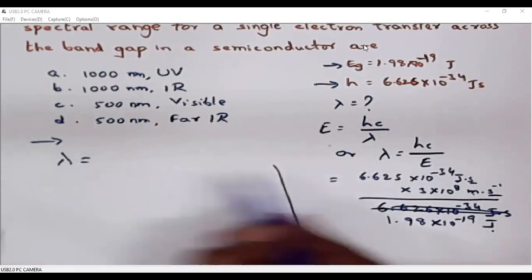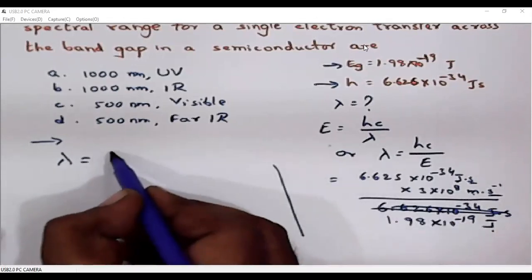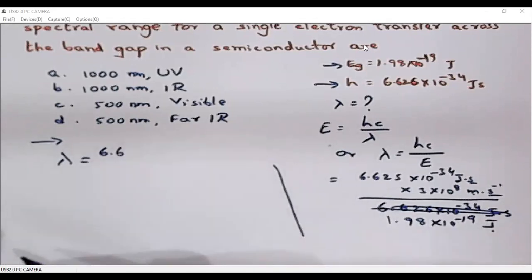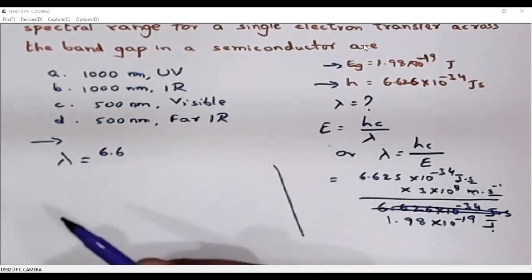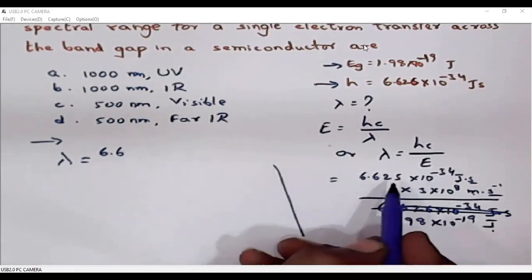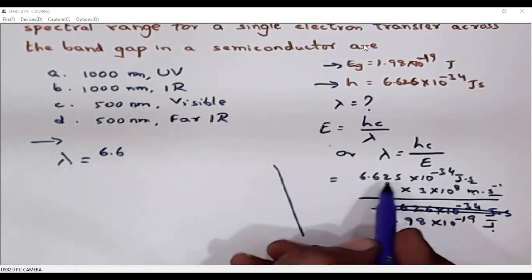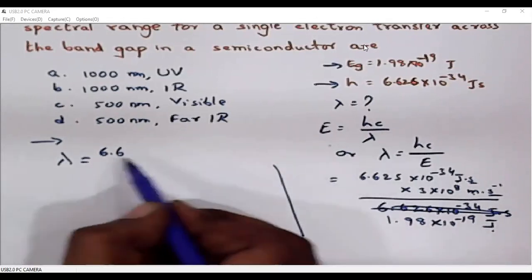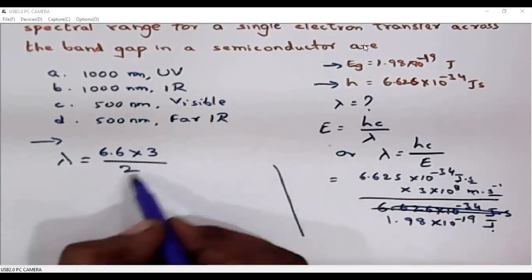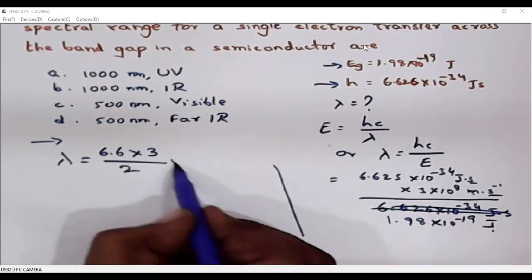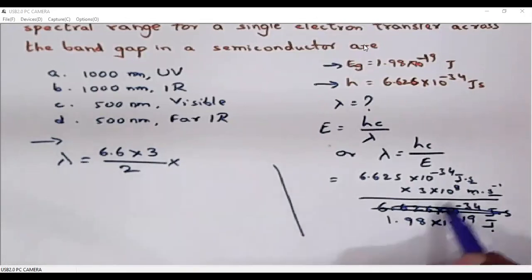Now we will simplify it. Lambda is equal to 6.625. In case of competitive exams, you just go for taking some shortcuts. 6.625, you don't need to use the complete number. You just take this, then 3 divided by 1.98, you go for 2, then 10 power minus 19, when it is made numerator, it becomes 10 power plus 19. 19 plus 8, it is 27.